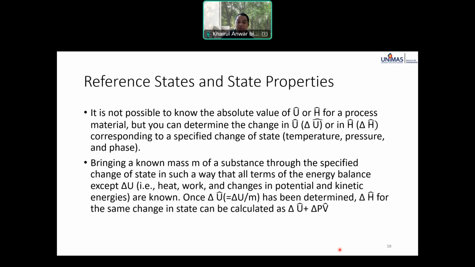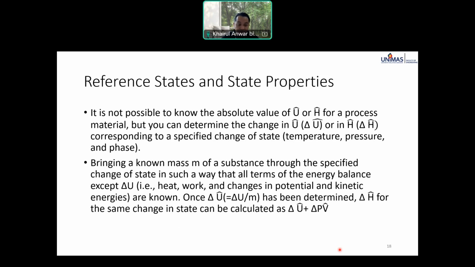It is not possible to know the absolute value of U, the specific internal energy, or specific enthalpy for a process material, but you can determine the change, delta U or delta H, corresponding to a specified change of state: temperature, pressure, and phase.